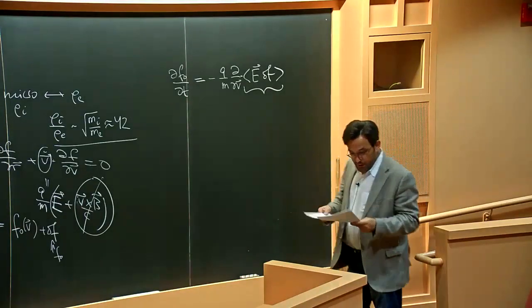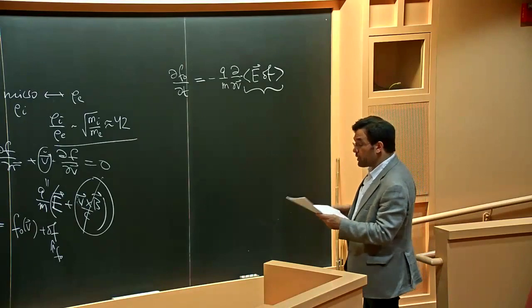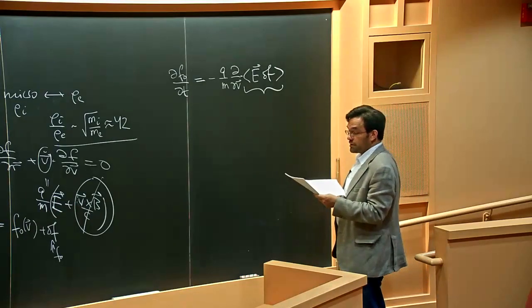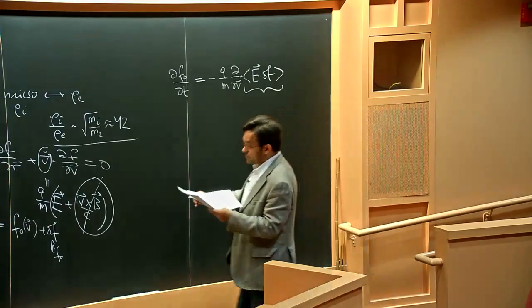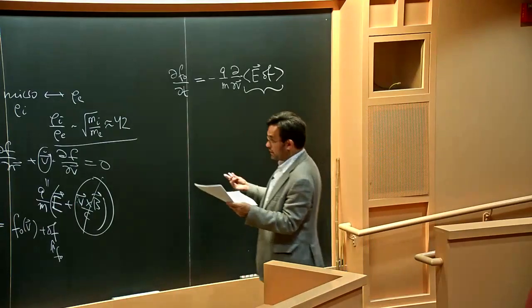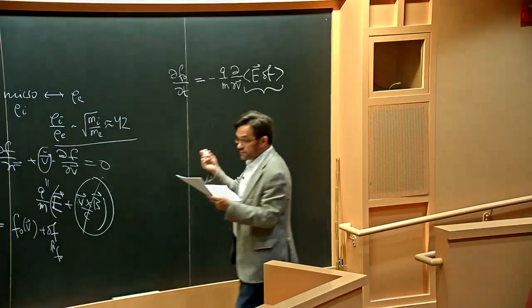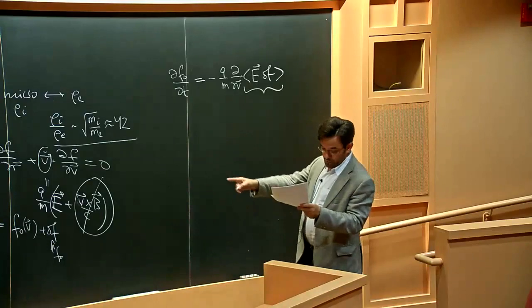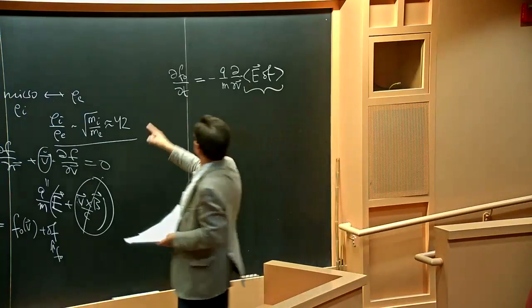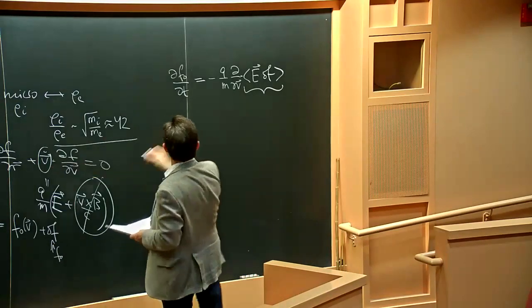Right, well, let me do a little calculation of that. I want to write first an equation for delta F. So let me now look at what delta F does.